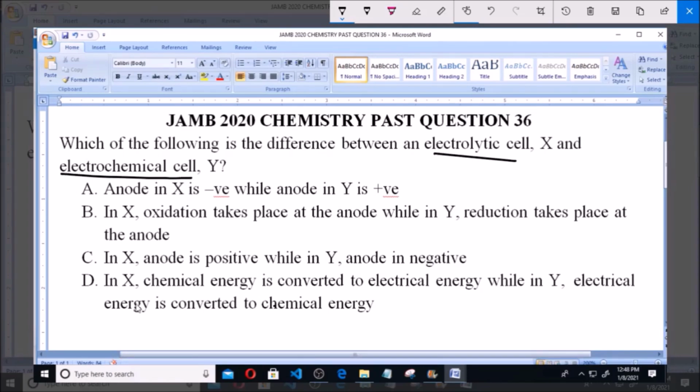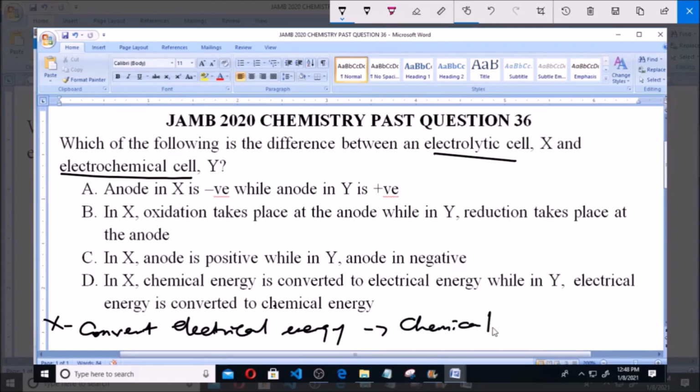Now an electrolytic cell, that's for X, converts electrical energy into chemical energy. That's for the electrolytic cell.